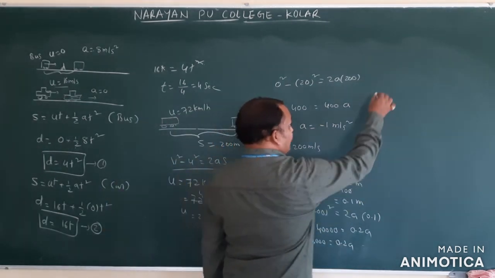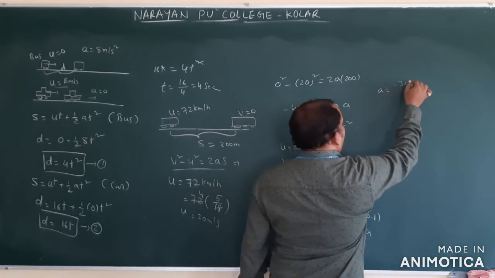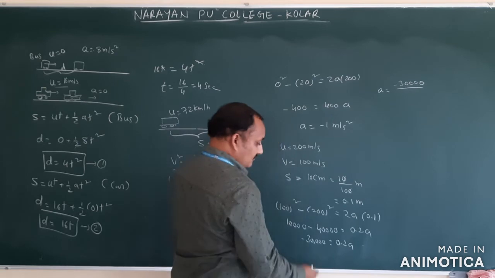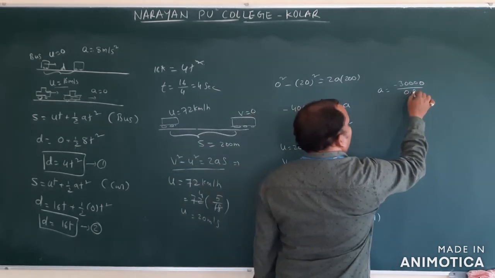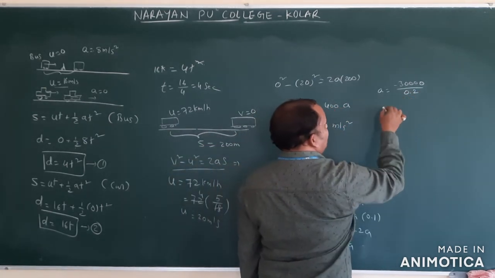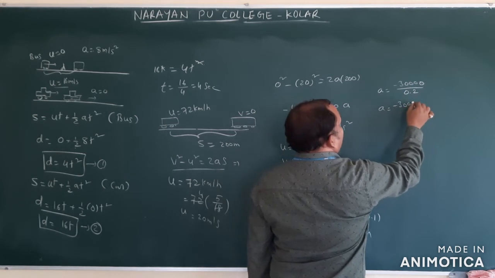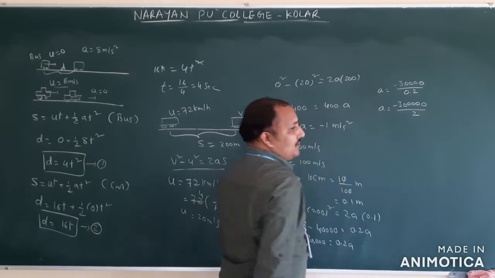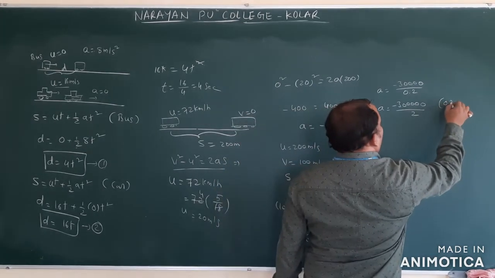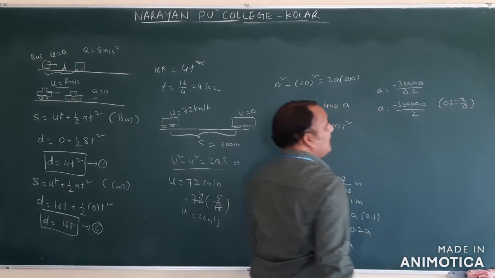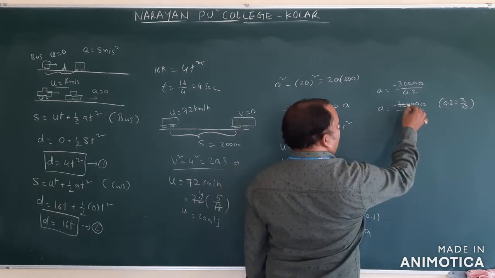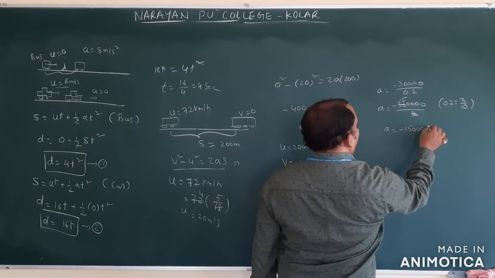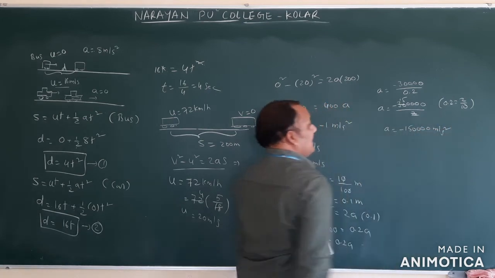So we can divide that. a is equal to minus 30,000 by 0.2. 0.2 can be written as 2 by 10. So this is 15 with 4 zeros by... a is equal to minus 15 into 10 to the power 4 meter per second square.